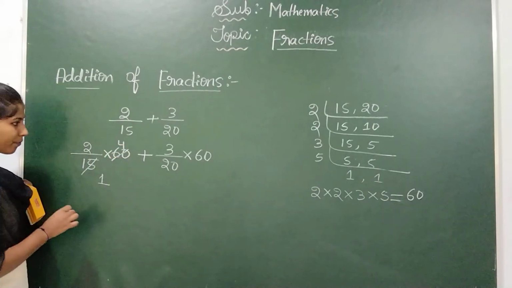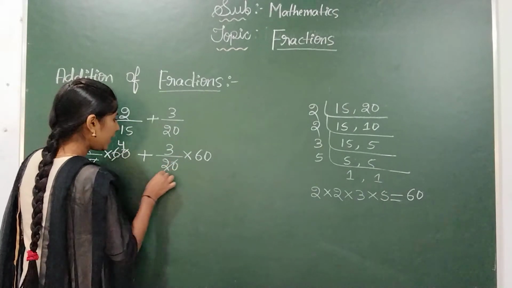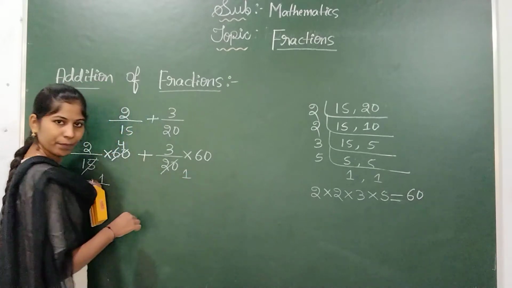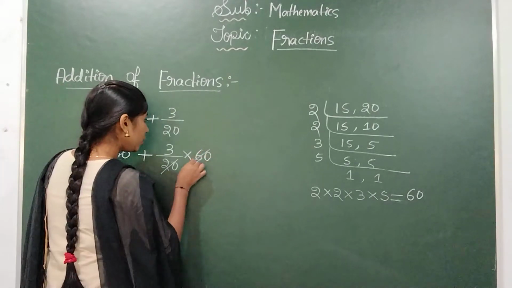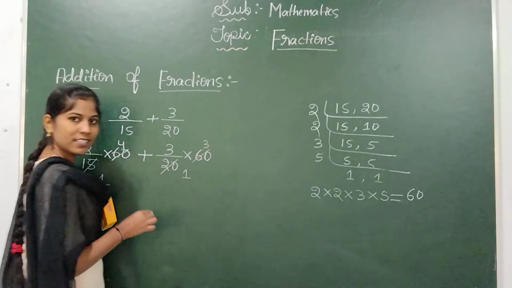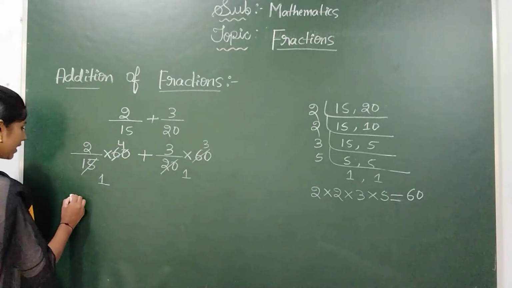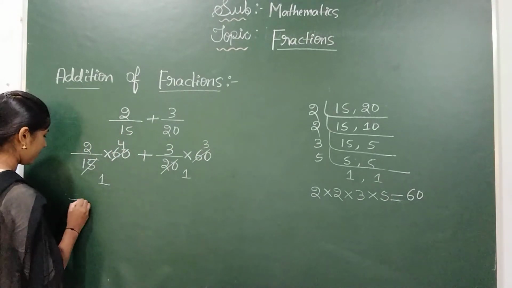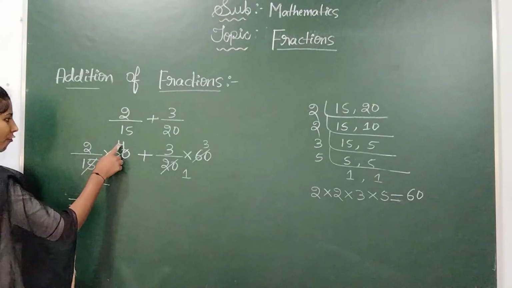Next, 20 into 3 is 60, which can also divide. Next, what you have to do is 4 into 2.